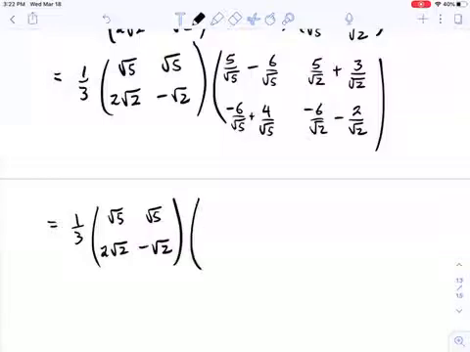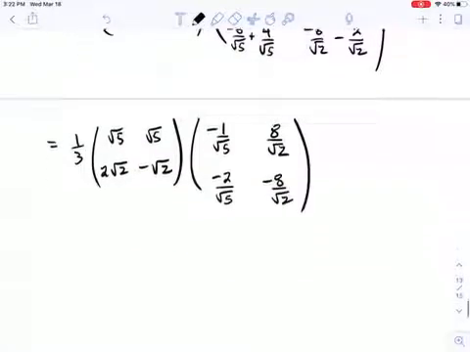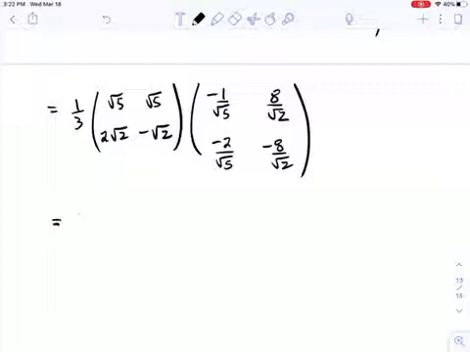And so 1 over root 5 minus 1 over root 5, and then 8 over root 2, and minus 2 over root 5, and then minus 8 over root 2. So it's 1/3 of, okay, minus 1, minus 2.